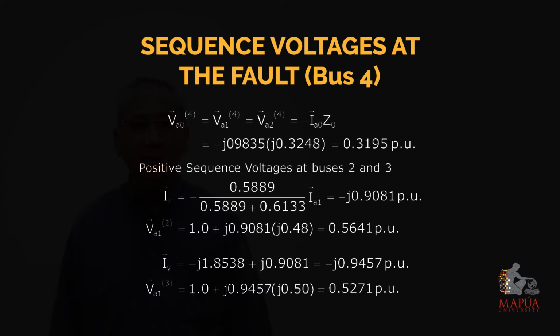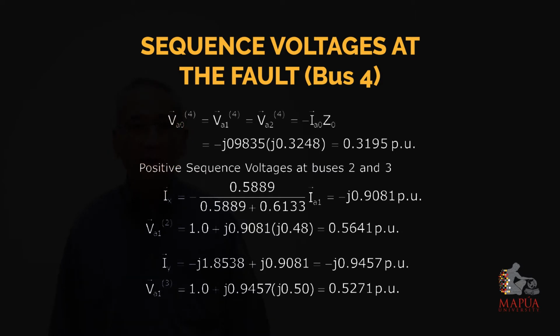VA1 equal to 1.0, that is at bus 2, plus j0.9081 multiplied by j0.48, equal to 0.5641 per unit. Iy is equal to negative j1.8538 plus j0.9081, to be equal to negative j0.9457 per unit.